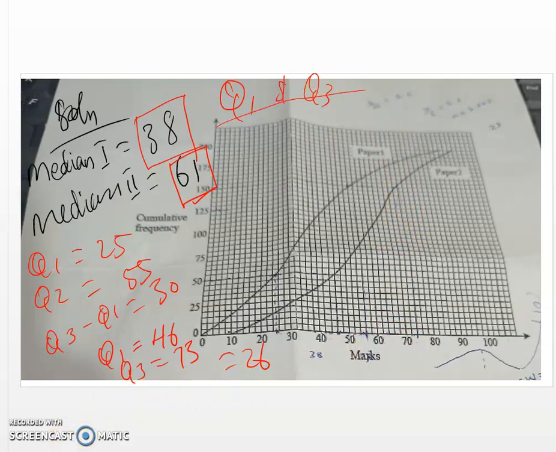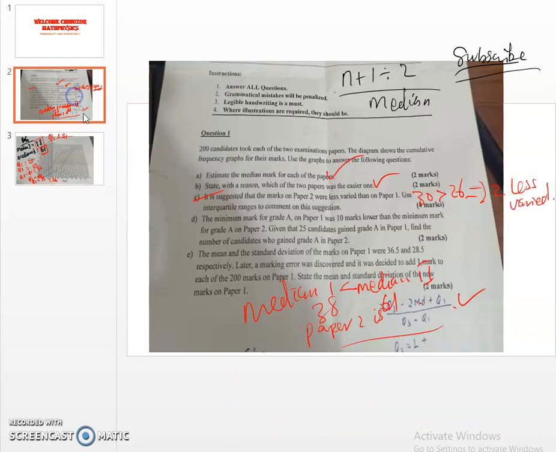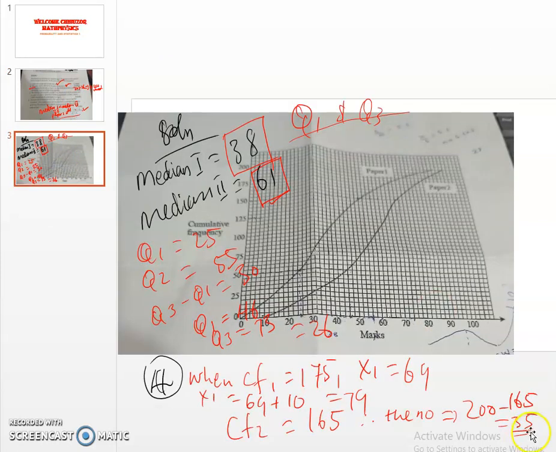Let us have a pen. The total number of people who gained grade A in paper 1 will be equal to 25, because we know that the cumulative frequency is 175, while x1 lies between 60 and 70, which is 69.